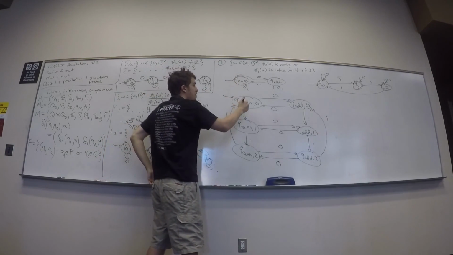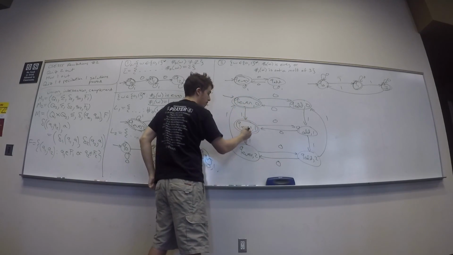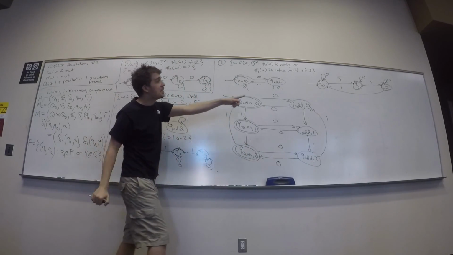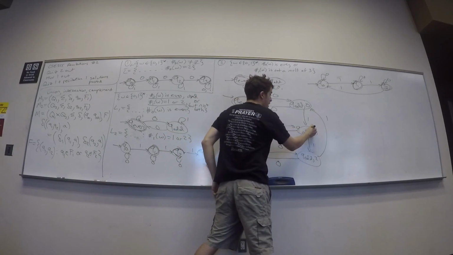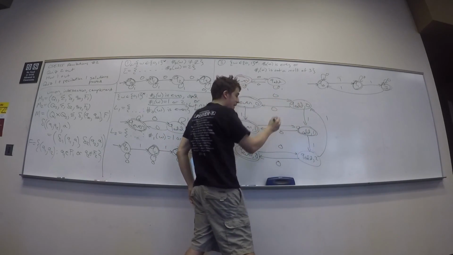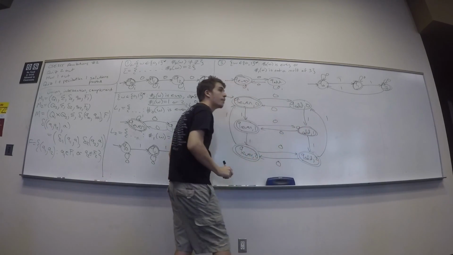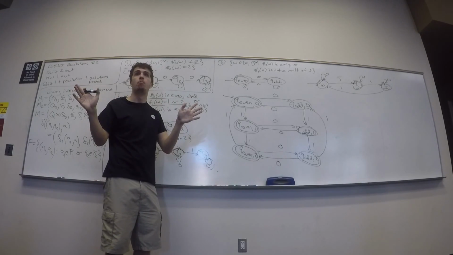Because if that's satisfied, then we're already in the union. So those 3 are final. Any state that has 1 in it, make it final. That guy's final. This one's not yet. Any state that has 2, make it final. Oh, make this one final. Questions about anything related to this?